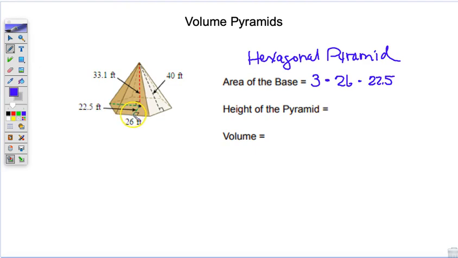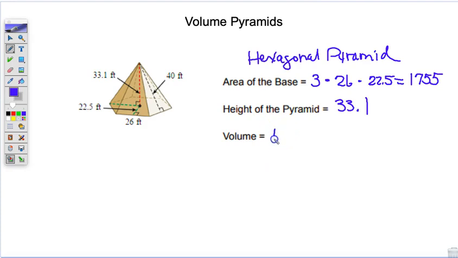That's right here as we look from the center of the circle back to the side. Multiplying those three numbers together, you should get 1,755. The height of the pyramid from the bottom to the top is 33.1.